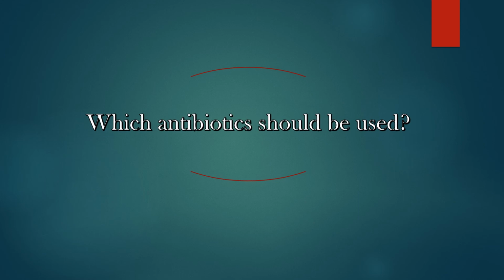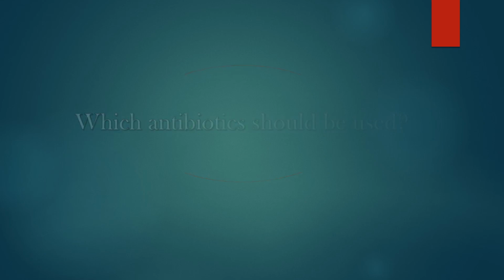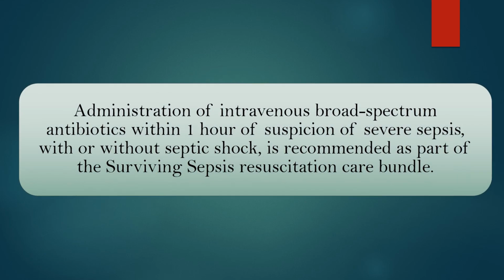Which antibiotics should be used? Administration of intravenous broad-spectrum antibiotics within 1 hour of suspicion of severe sepsis, with or without septic shock, is recommended as part of the Surviving Sepsis resuscitation care bundle.